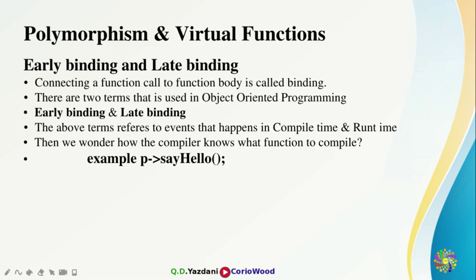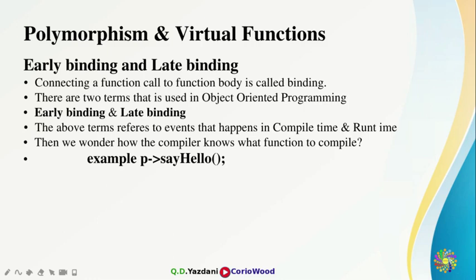Cat says something, Fluffy says something, dog says something, puppy says something. So we wonder how the compiler knows what function to call. That's very amazing, because all of them say hello. If I put 10 of these say hello in front of you, even you would be confused about which one to say first.